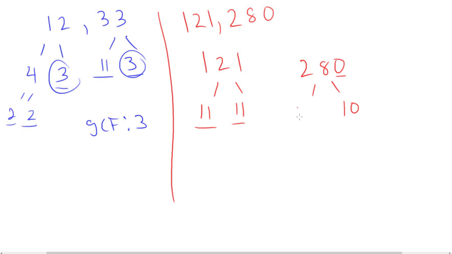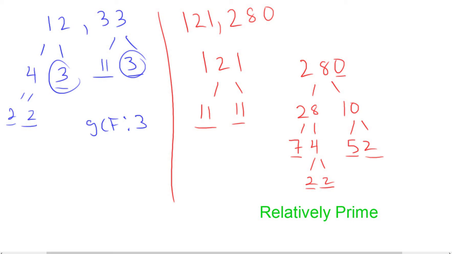So I'm going to break that down into 28 times 10. 10 is just 5 times 2. 28 is 7 times 4. 4 is 2 times 2, all prime. So we can see that these two numbers have no common factors, and they're said to be relatively prime. That is, they're prime in relationship to each other.